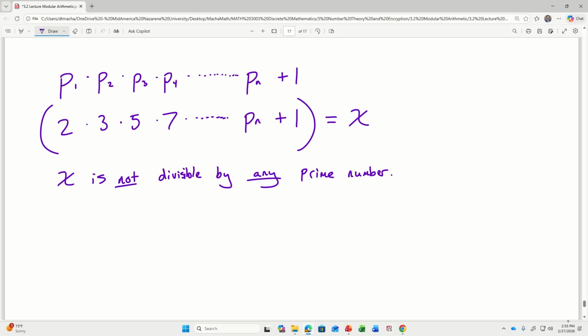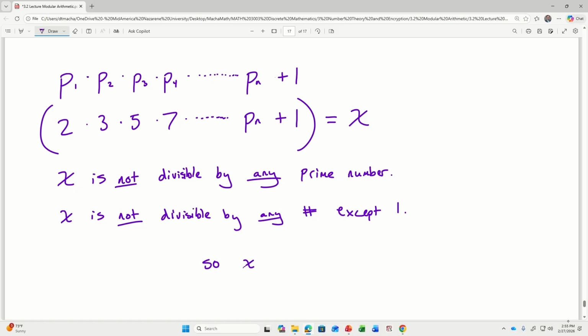Well, if it's not divisible by any prime number, it can't be divisible by any composite number, right? Then it would have to be divisible by multiple primes. Anyways, it's not divisible by any number except for 1 and itself.